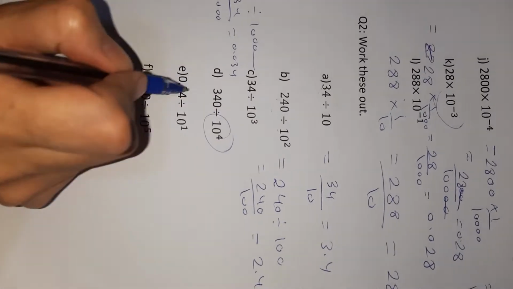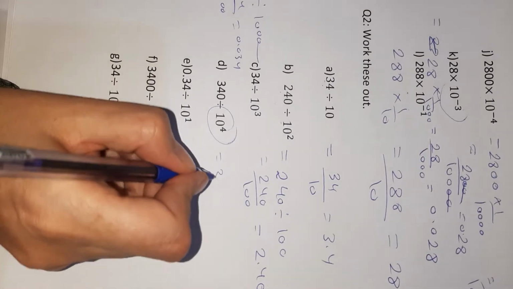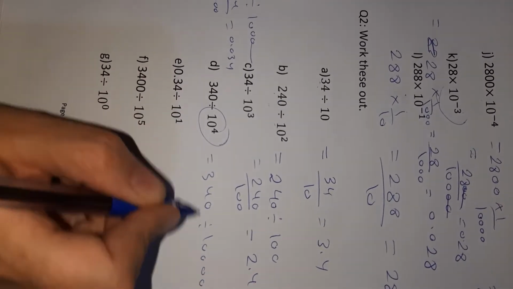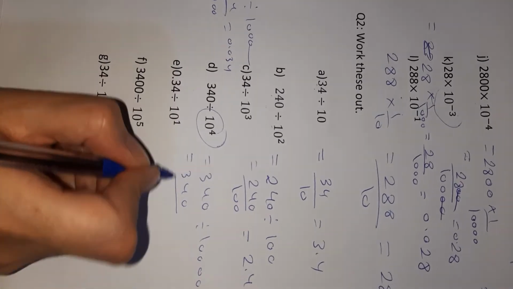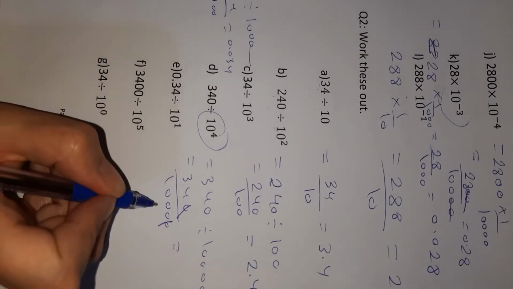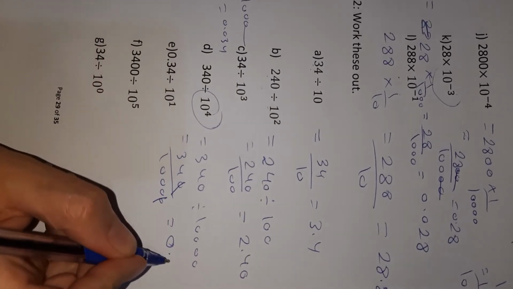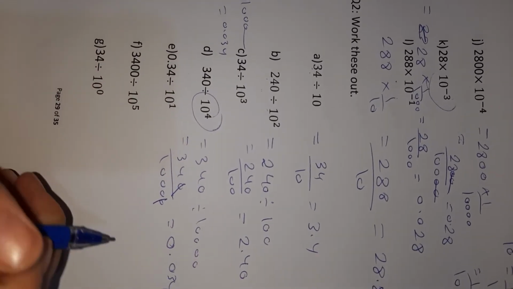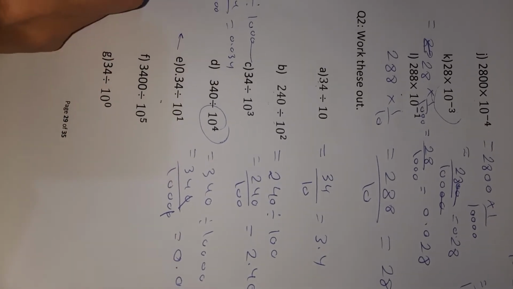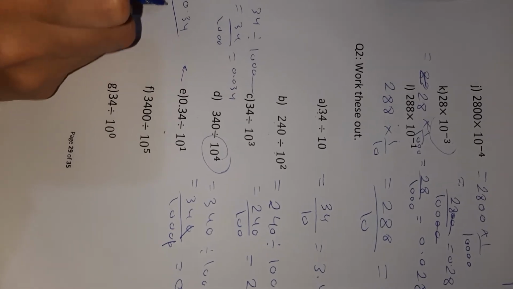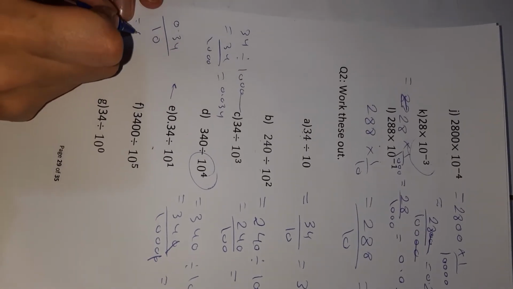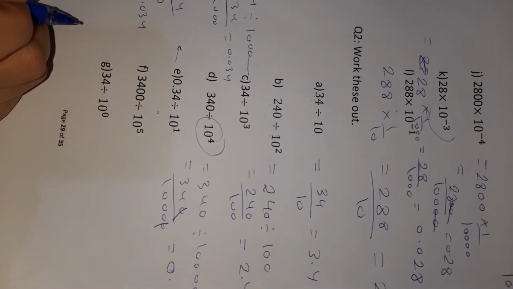This one by 10,000, 4 zeros, equals 340 divided by 10,000. Cancel the 0 with 0. 34 out of 1,000 means 0.034. This one, 0.34 divided by 10, it means 0.034.